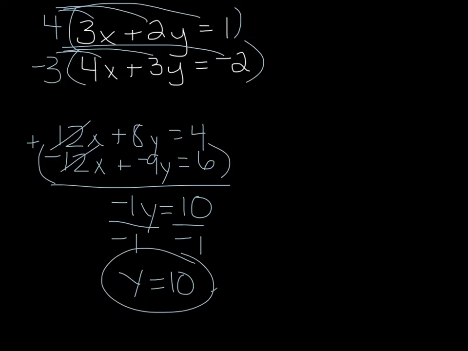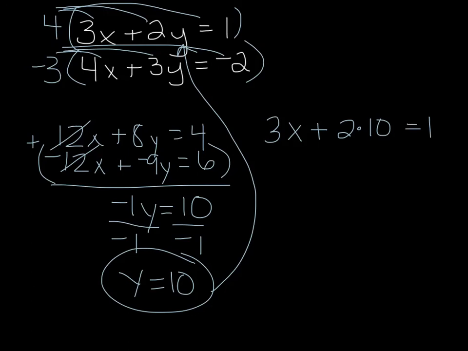All right, take your 10, plug it back in for y. You get 3x plus 2 times 10 equals 1. Remember, we're plugging it in for y, not for x. 3x plus 20 equals 1.